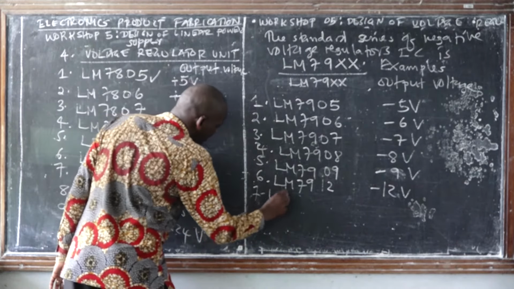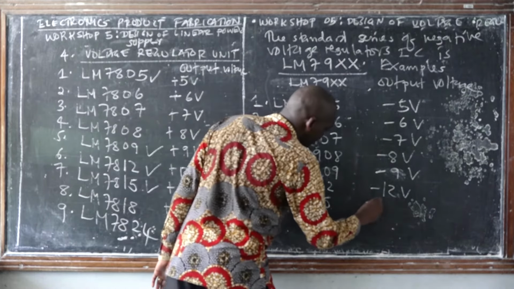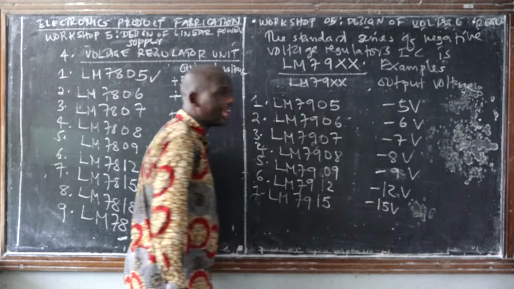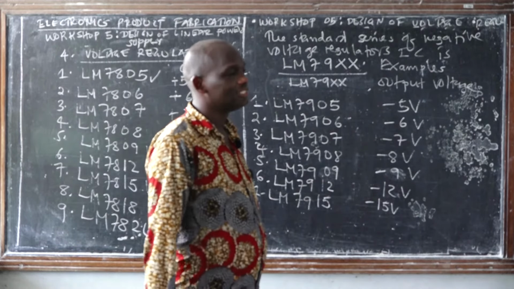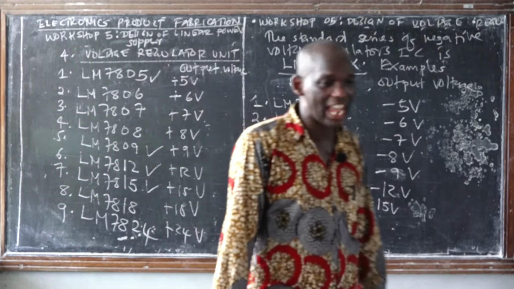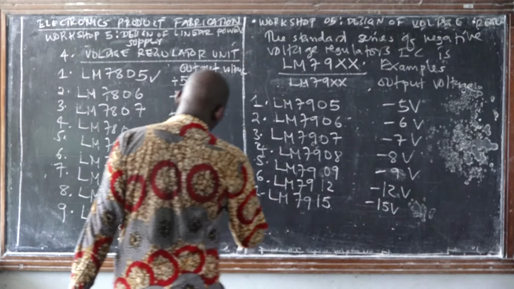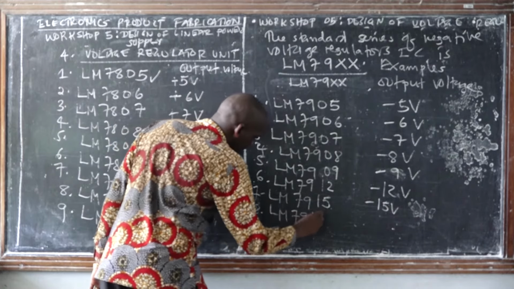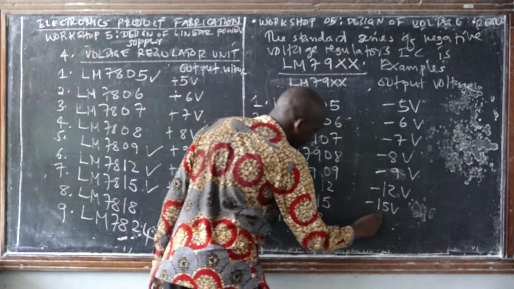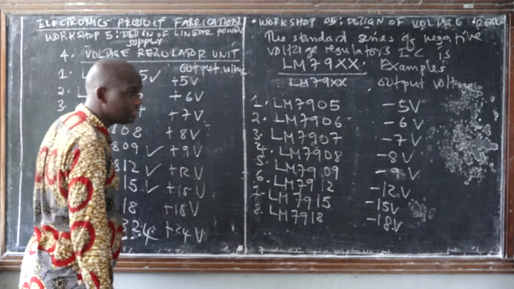Zuena? LM7915. This provides what? Then Joan? LM79, 18. Provides what? Volt. Now Mvua, look for Lucia.